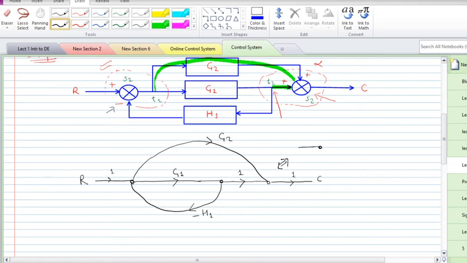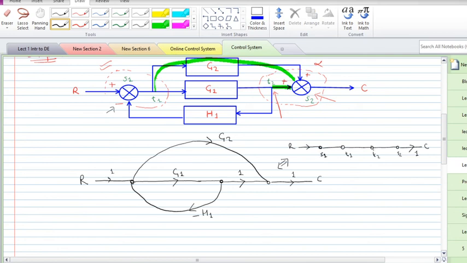This is S1 node, this is T1 node, this is T2 node, this is S2 node, and then this is your C. This is 1, this is R. Then after that, this is S2, this is T2, this is T1, and this is your S1.